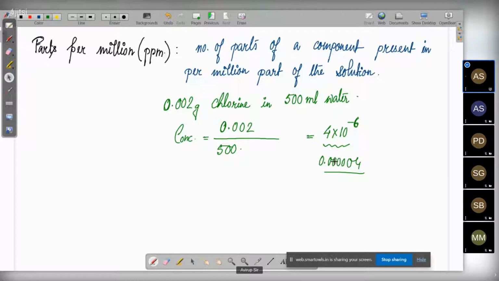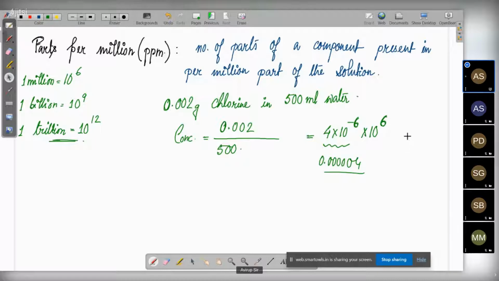So because it is so small, we multiply it with 1 million, that is 10 to the power of 6. 1 million is 10 to the power of 6, 1 billion is 10 to the power of 9, while 1 trillion is 10 to the power of 12.